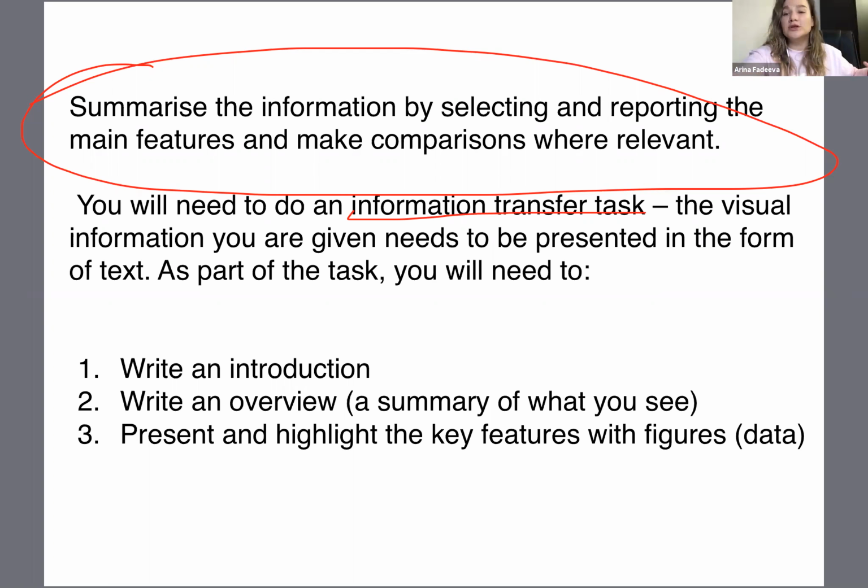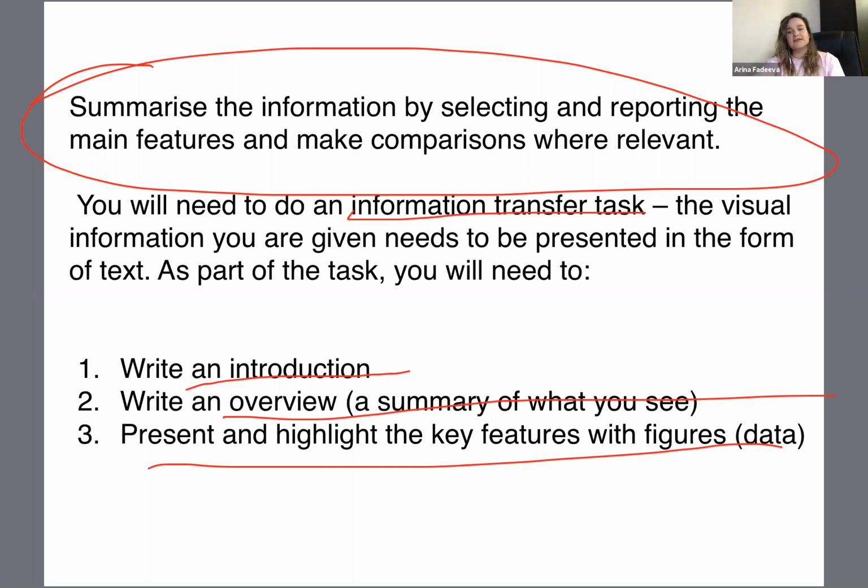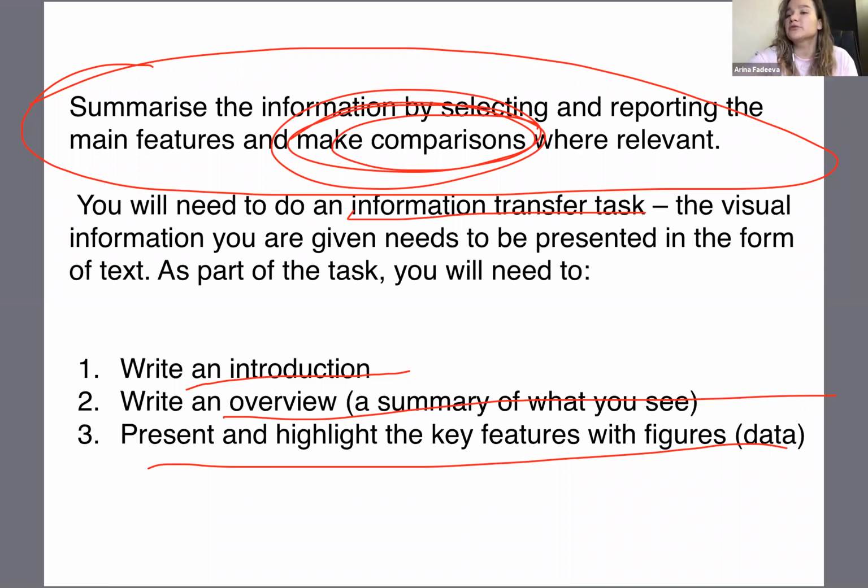And what you need to do is write an introduction, change the task, just change the words there, write an overview, a summary, a big picture of what you see, and then present the key features, just compare them, because the task is make comparisons where relevant.